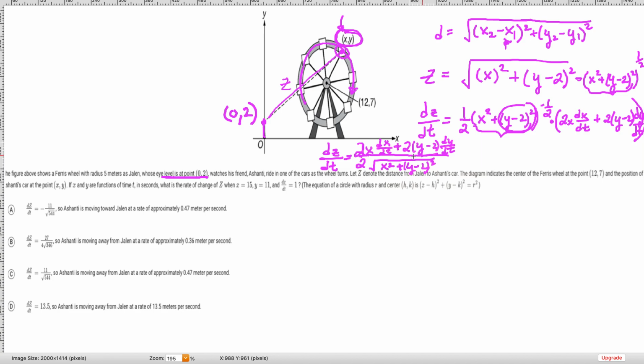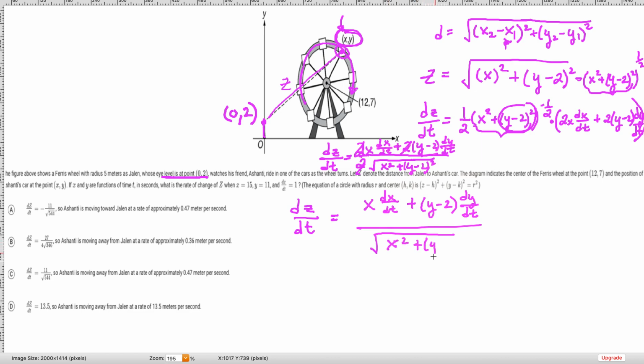I can factor out a 2 and cancel it with the 1/2, and I now get a cleaner expression for dz dt, which is x times dx dt plus y minus 2 times dy dt, over the square root of x squared plus y minus 2 squared.